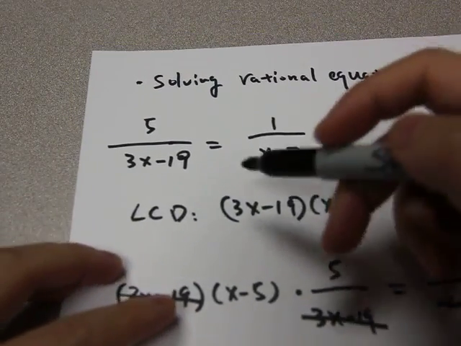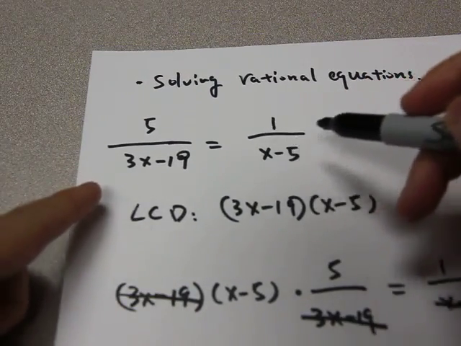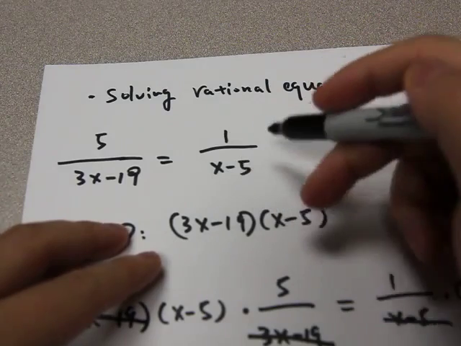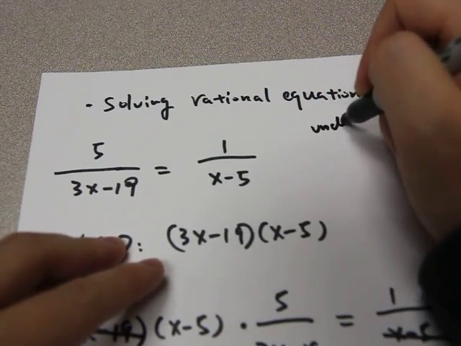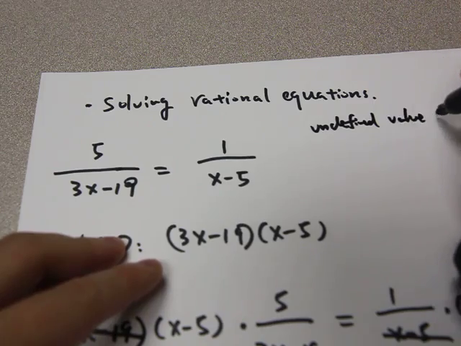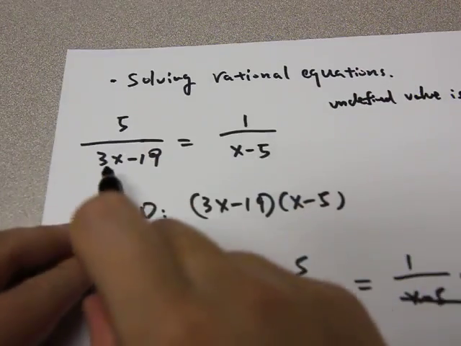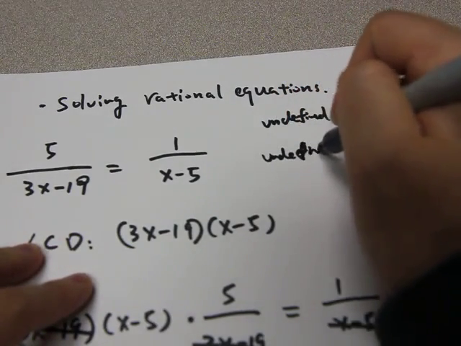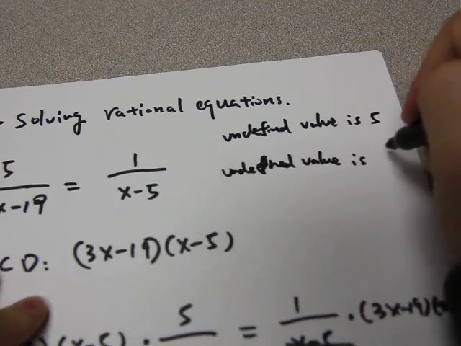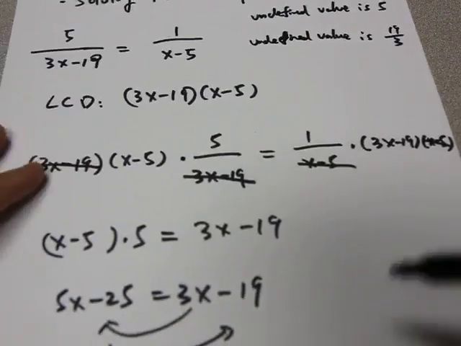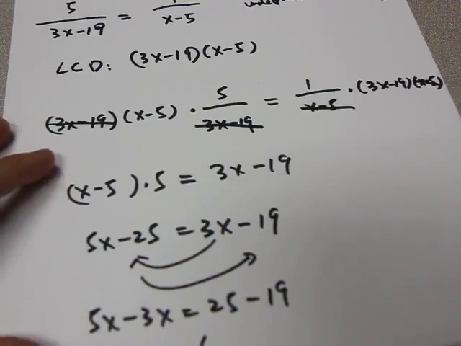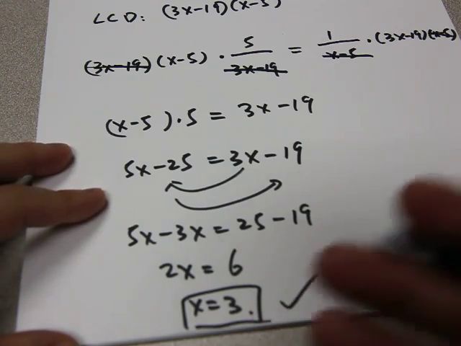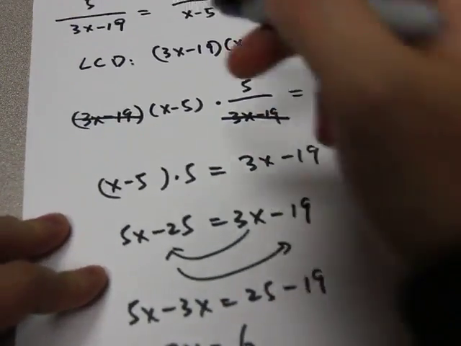If we go back and look at the rational expressions in this equation, for the first expression, 1 over x minus 5, the undefined value is 5. For the second rational expression, the undefined value is 19 over 3. So neither of them is 3. That means, yes, 3 is our solution. We can accept this number as our solution. So the solution is 3.